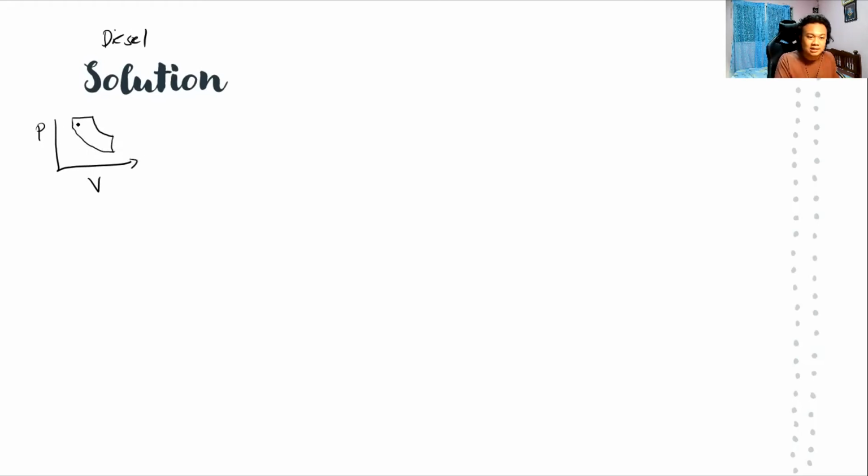So that's the diesel engine on the PV diagram. And then the TS is actually the same as the Otto. So let's number 1, 2, 3, and 4.